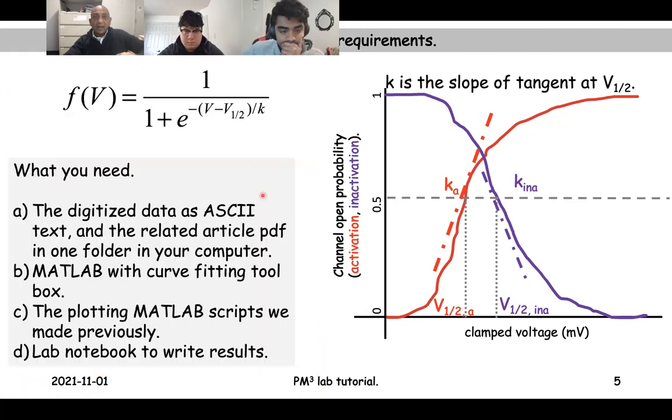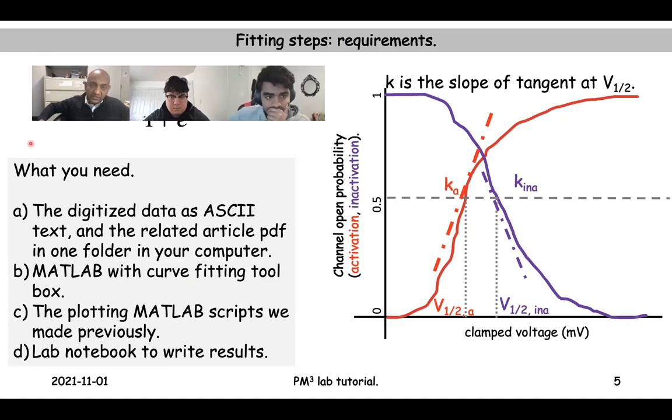Moving on, before we go to the step-by-step fitting of data, let's explicitly write down what we need when we're doing our fitting. When you do your fitting, you need your digitized data.